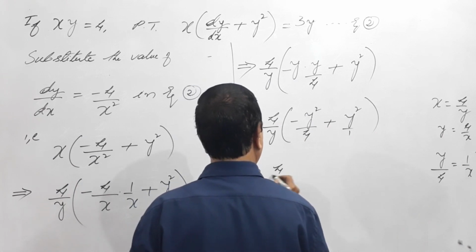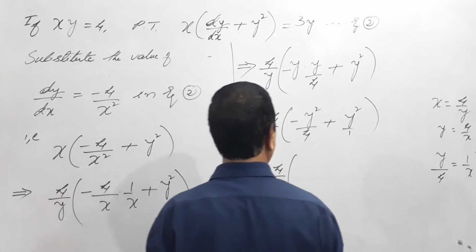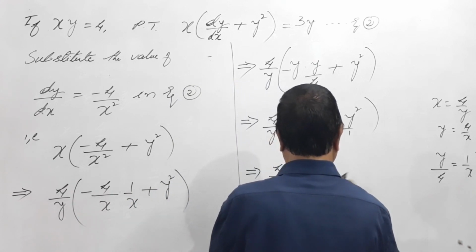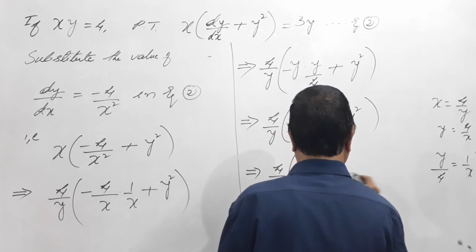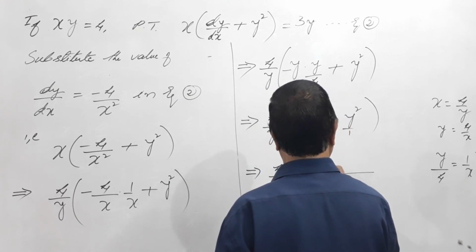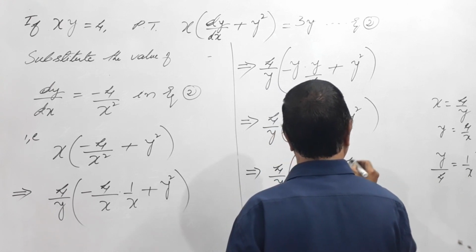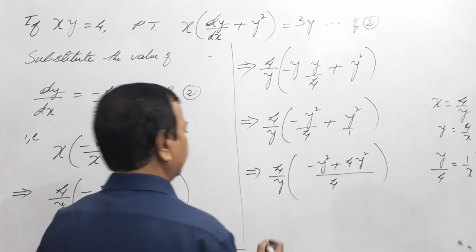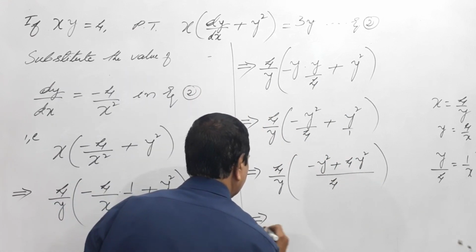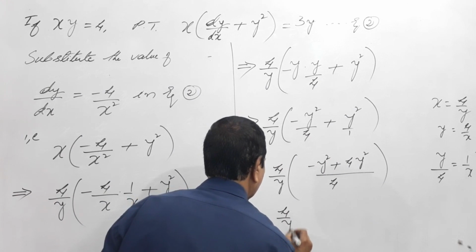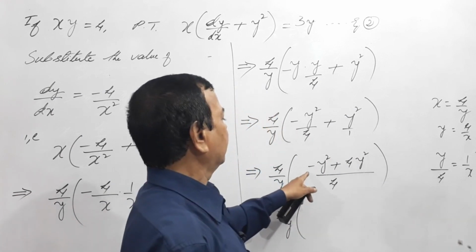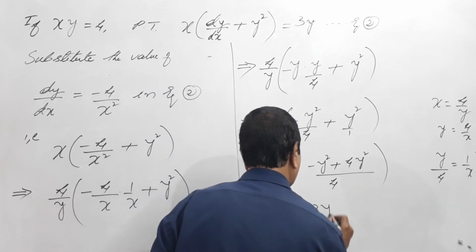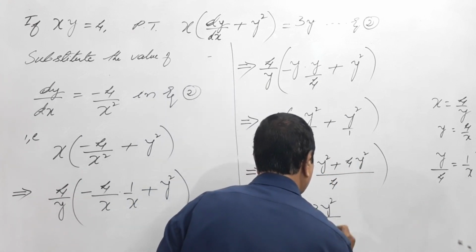That is 4 by y, 4 is the LCM, minus y square plus 4y square. So what happens here? That is equals to 4 by y, minus y square plus 4y square becomes 3y square, 3y square by 4.